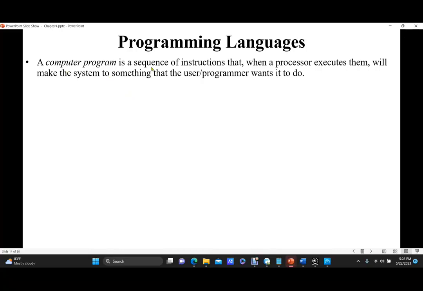A computer program is a sequence of computer instructions that the processor can execute, and as it executes them, makes the system do something that the user or programmer wants it to do.